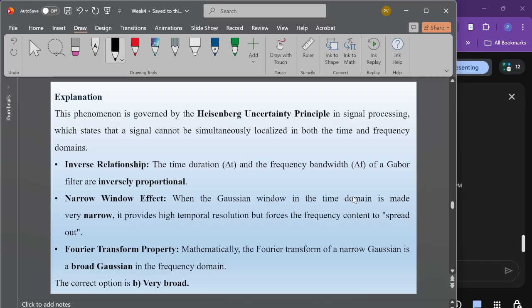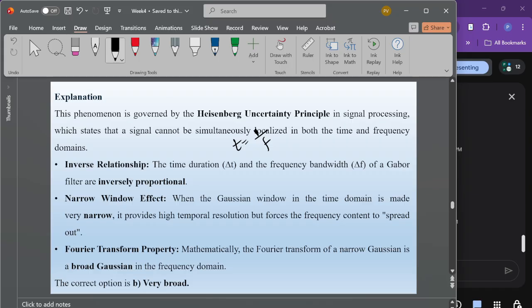Already we know that t is equal to 1 by f. They are inversely proportional. And the narrow window effect: when the Gaussian window in the time domain is made very narrow, it provides high temporal resolution but forces the frequency content to spread out. So if it is narrow in the time domain, it will spread in the frequency domain.